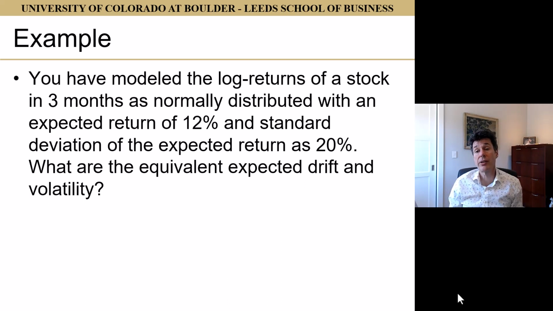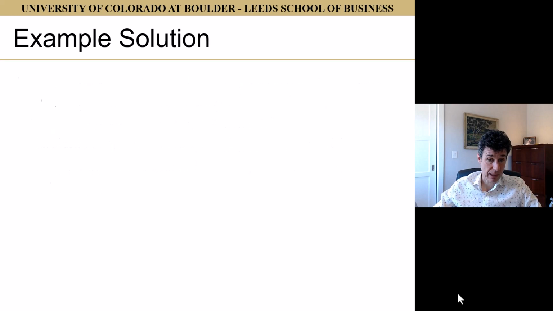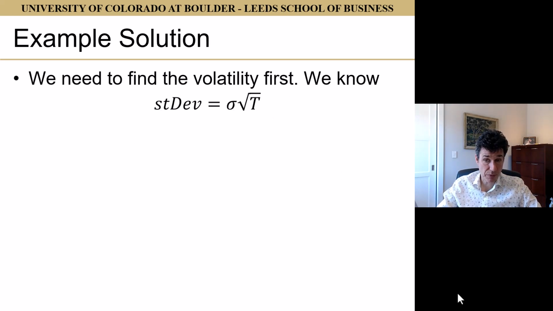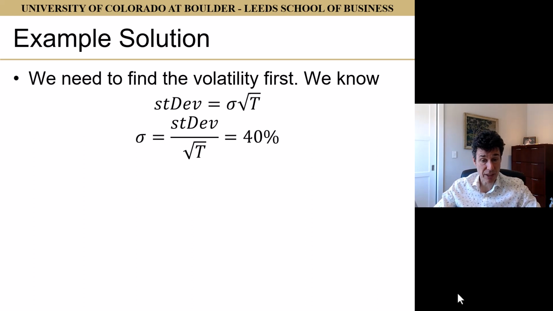So you've modeled the log returns of a stock in 3 months as normally distributed with an expected return of 12% and standard deviation of expected return as 20%. We want to find the equivalent expected drift and volatility. So first we find the volatility. Volatility is standard deviation divided by square root of t, which is 40%.